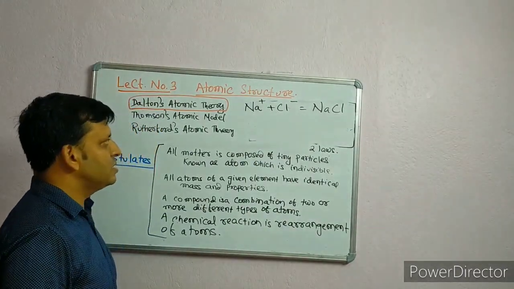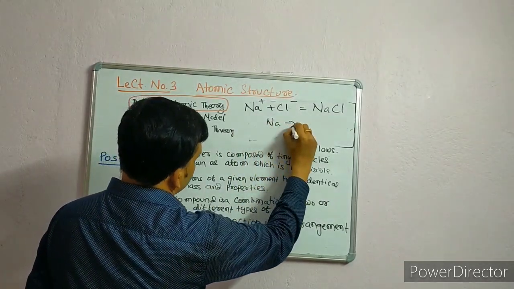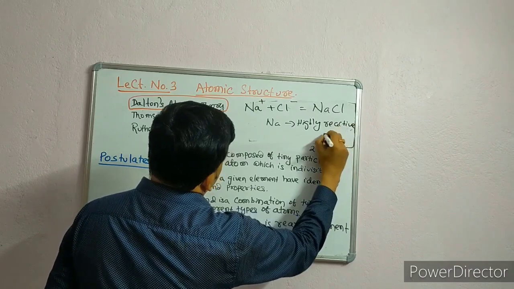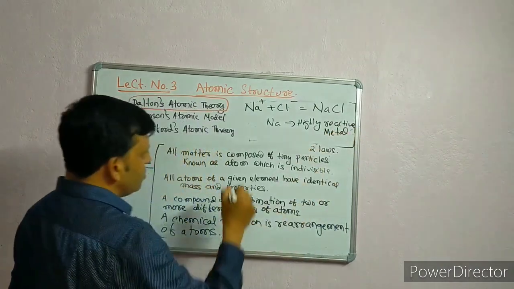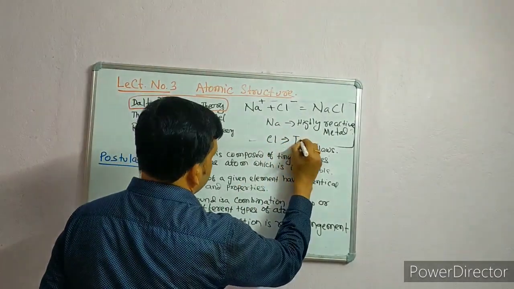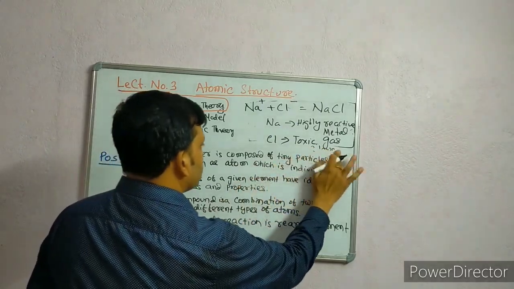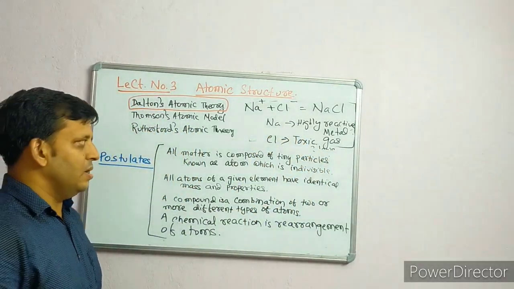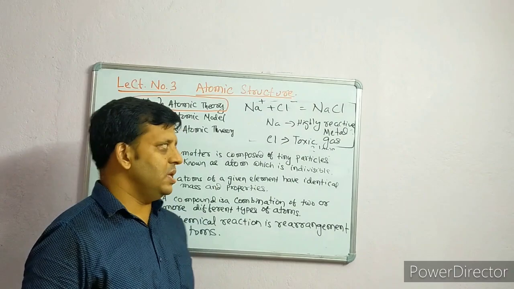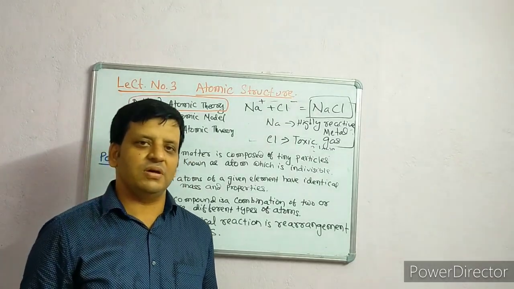Sodium is a very highly reactive metal, and chlorine is a toxic gas, but whenever they are combined together, they form sodium chloride, which is nothing but our common salt we can sprinkle on our food.